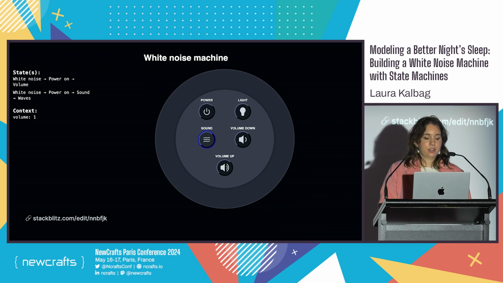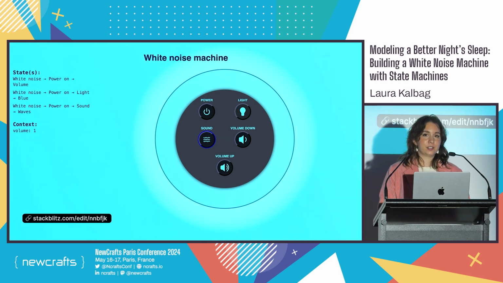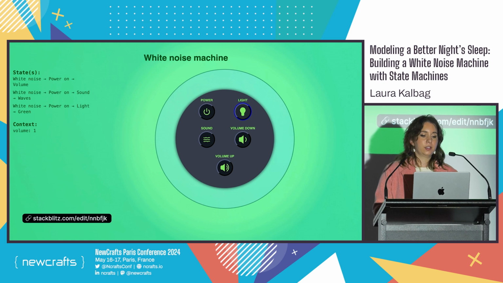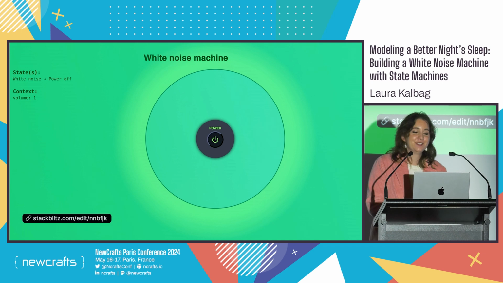And then if I want to, oh yeah, that goes to fan. And I can turn my light on, and I can go to blue, and I can go back to wave. So this is the concurrency working. I can change the states of the sound and the states of the light. And then I power off, and I've still got green light. So there's definitely something that's gone wrong there.